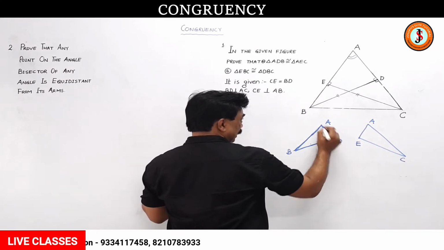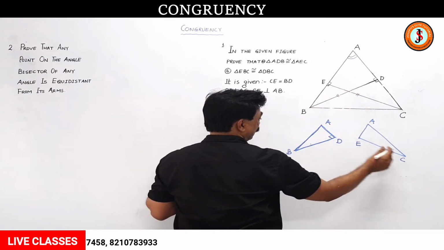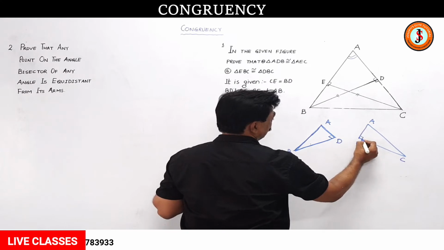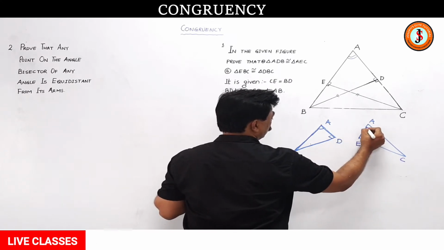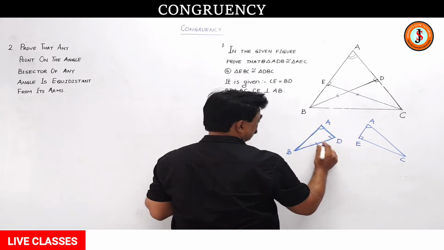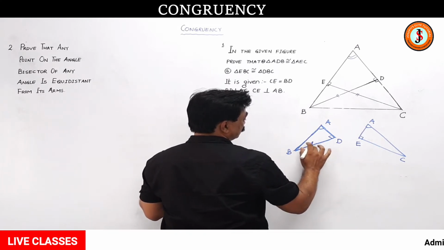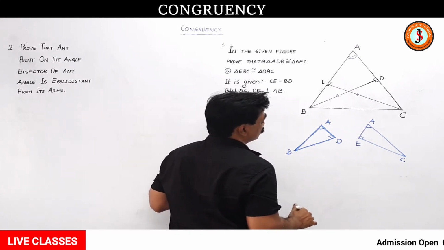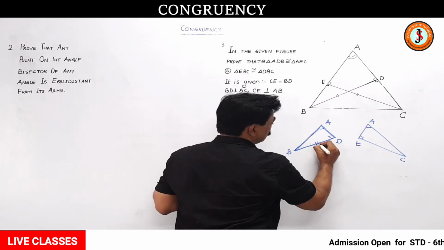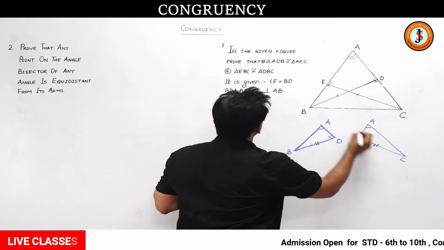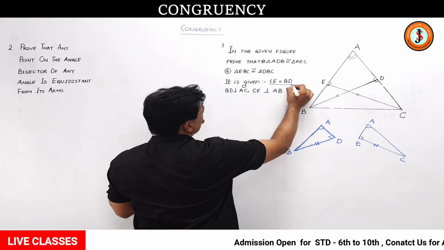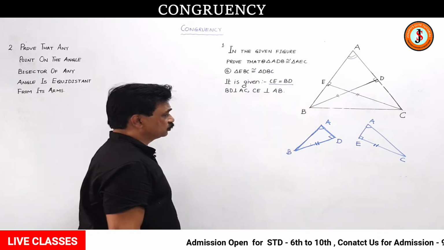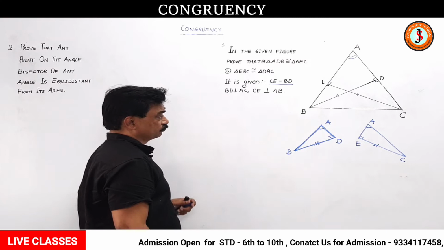So, then we mark what we know. Angle BDA is 90 and angle CEA is 90. Angle A is common in both. Now they are giving you, yes, BD is equal to CE. That is what it is given. So, now let us have a look.